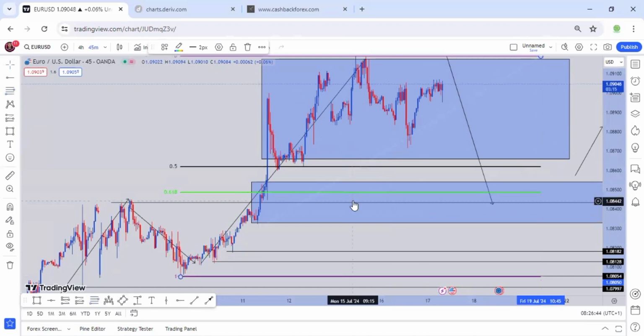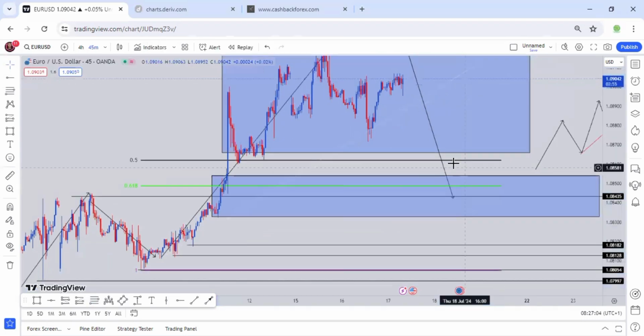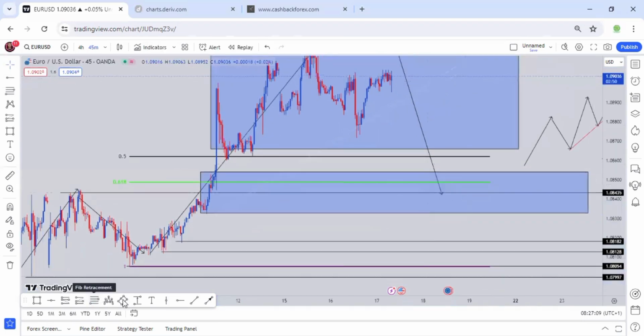Market has tapped into the 50% Fibonacci range, which is also cool. But market is likely going to come and test it again or come down to here, which is in confluence with our area of interest. So let's call this our area of interest for the buy.